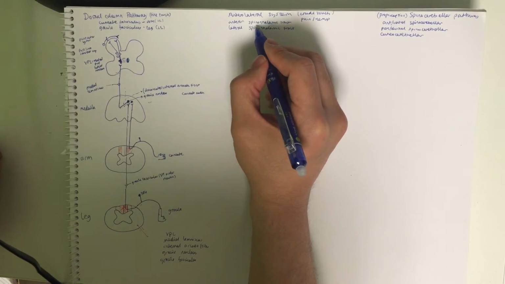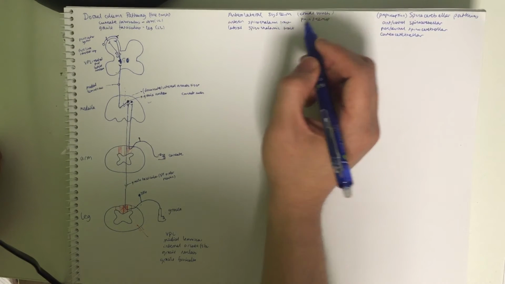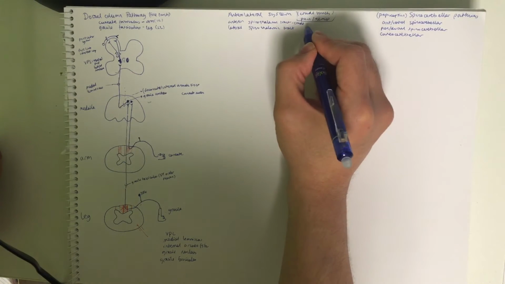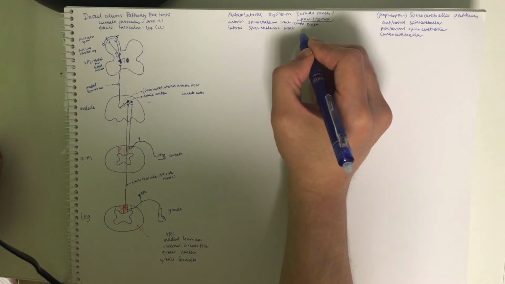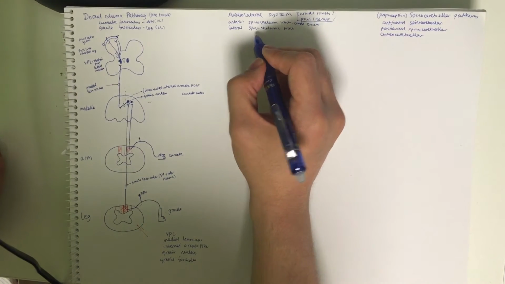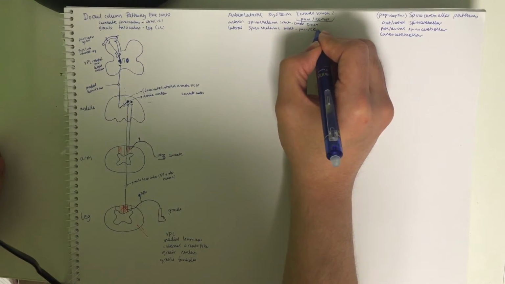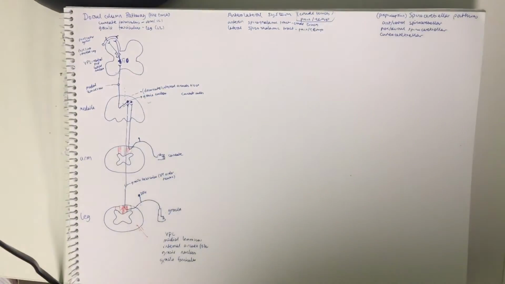So the anterior spinothalamic tract, what is this for? It's for crude touch. Lateral spinothalamic tract, on the other hand, is for pain and temperature. Okay?